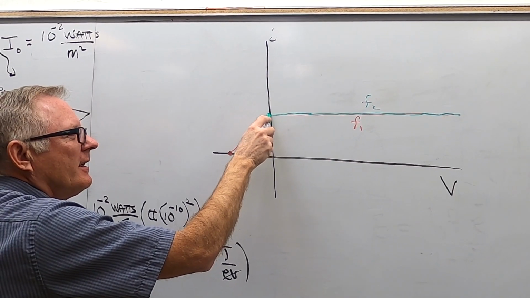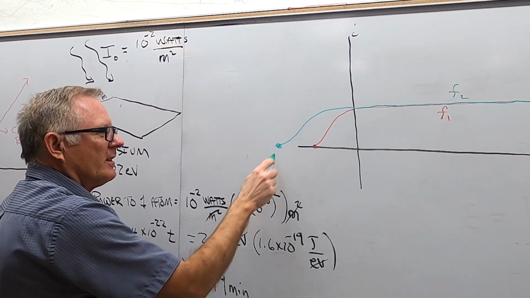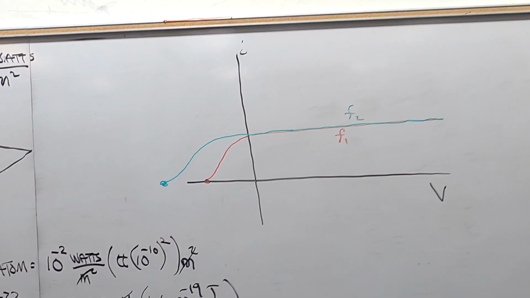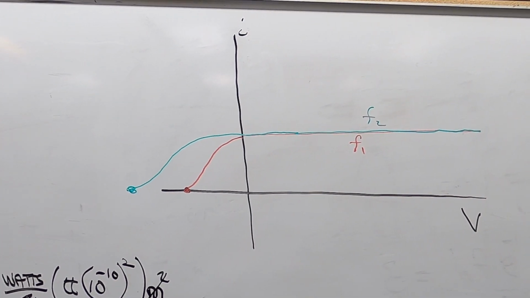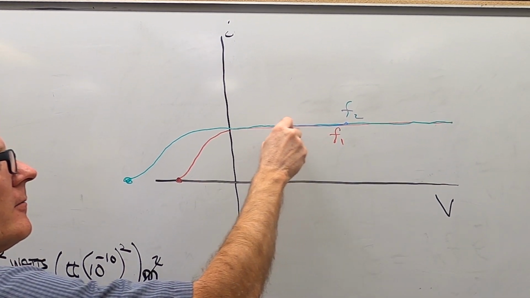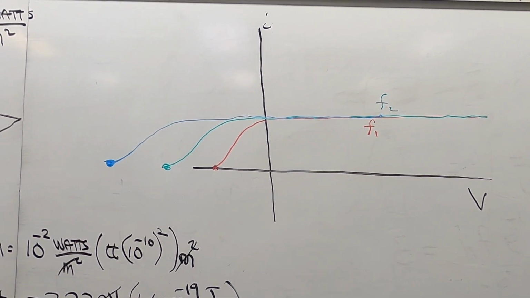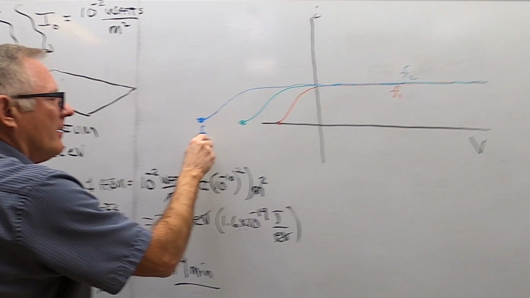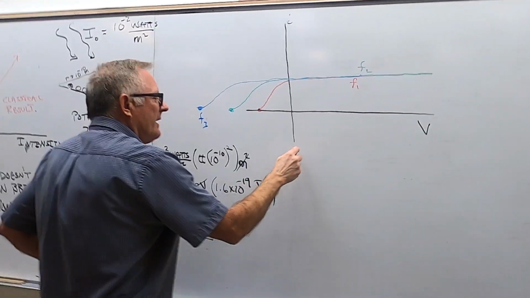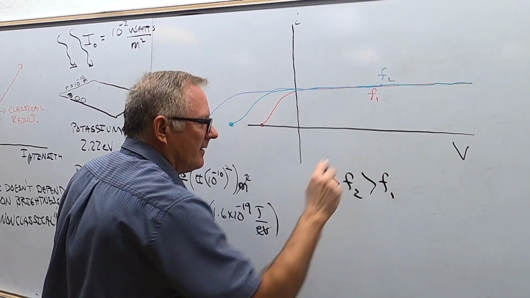But when it gets over to here, F2 comes down to here. And if we put in, say, F3, F3 would come out even further right here. So F3, the green one was F2, the red one was F1, where F3 was greater than F2, which was greater than F1.